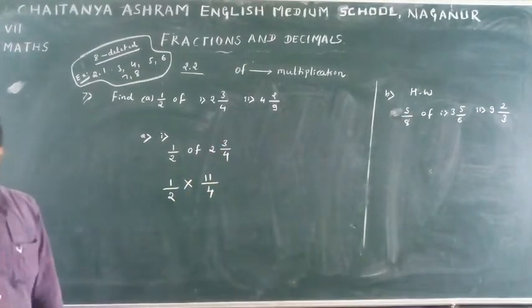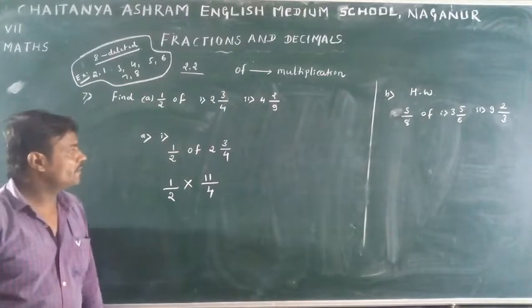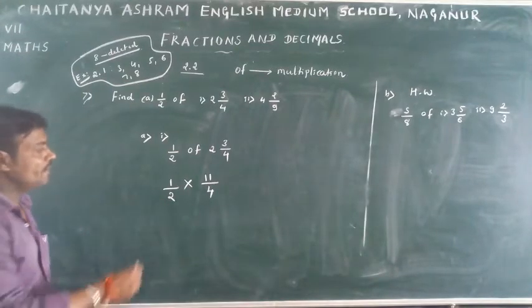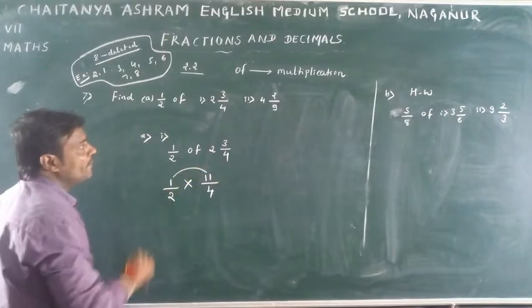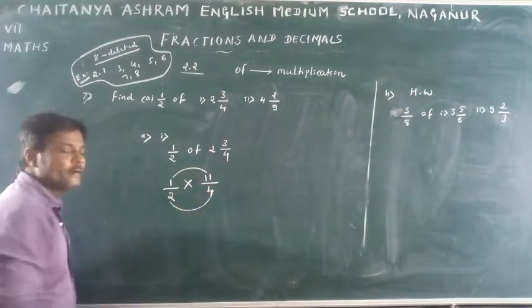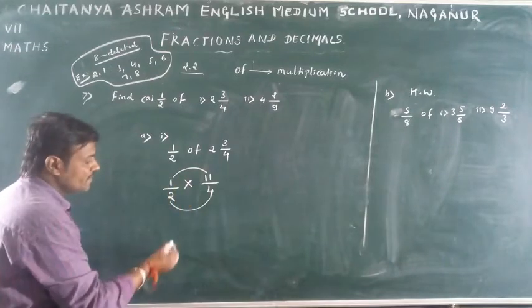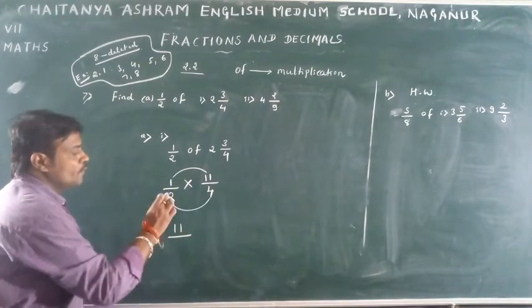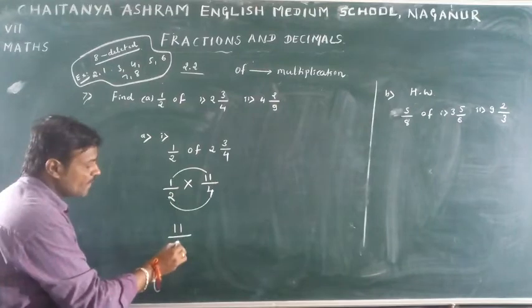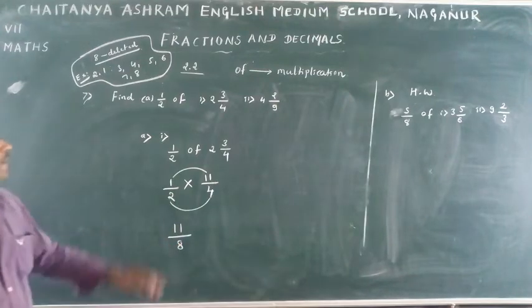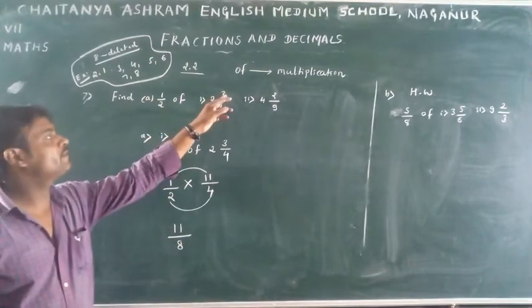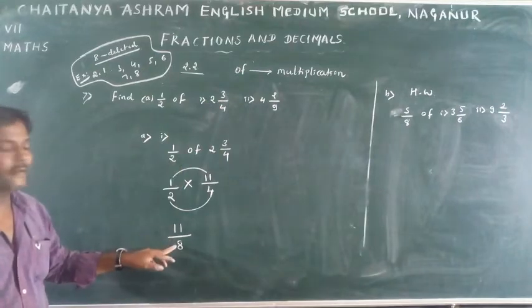Okay, then multiply. In this case, multiply numerator to numerator and denominator to denominator. Okay, 1 into 11, how much? 11. 2 into 4, how much? 8. So the half of 2 whole 3 by 4 is 11 divided by 8.